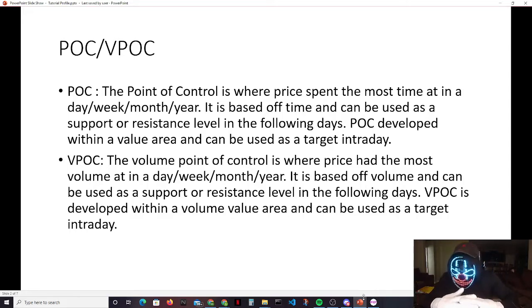VPOC and POC is exactly what it sounds like. It's the point of control, and to even get into that, we have to know what control even means. What's the definition of control?